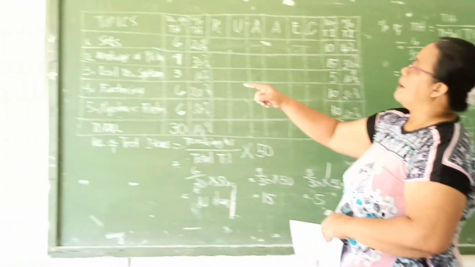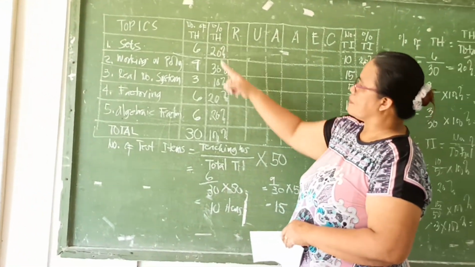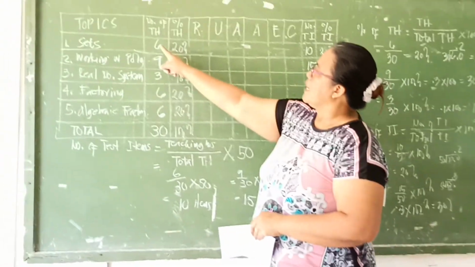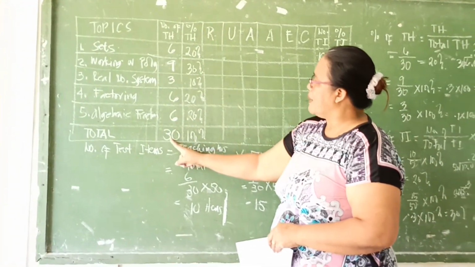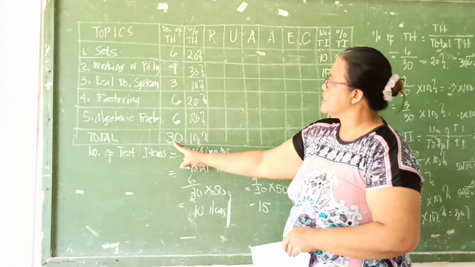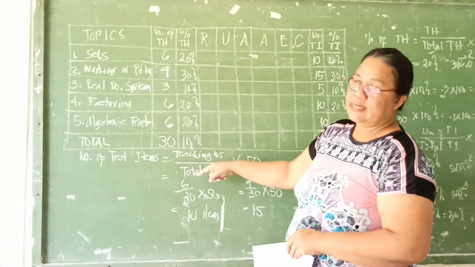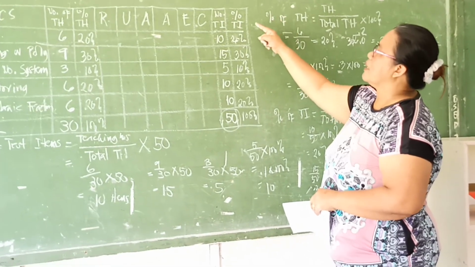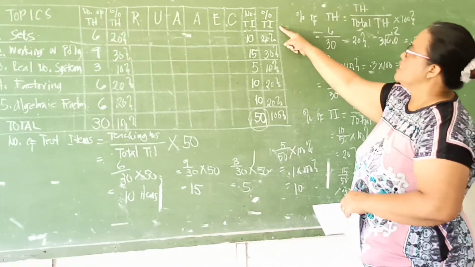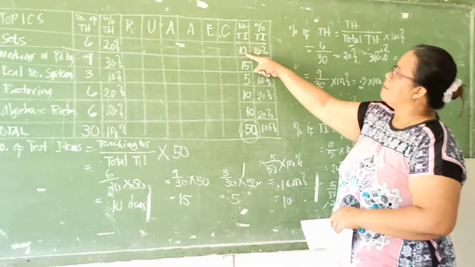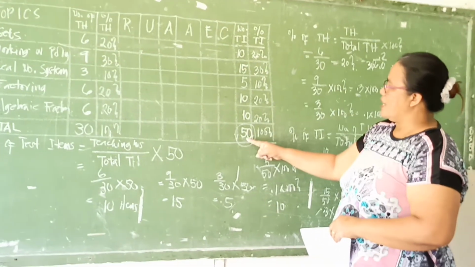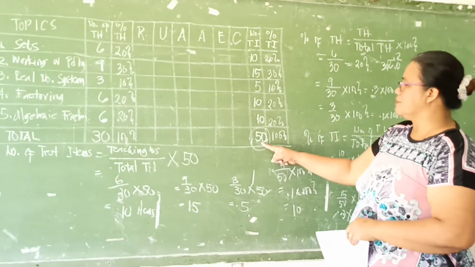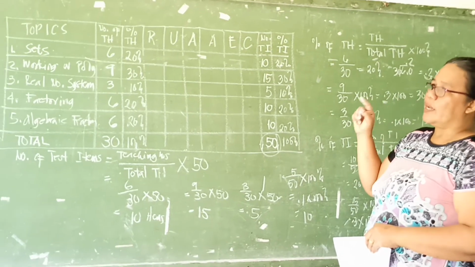The percentage of teaching hours is equal to the teaching hours divided by the total number of teaching hours times 100. And the percentage of test items is equal to the number of test items divided by the total number of test items times 100.